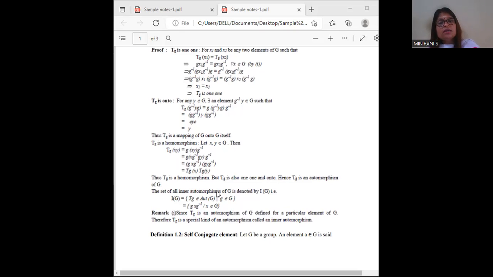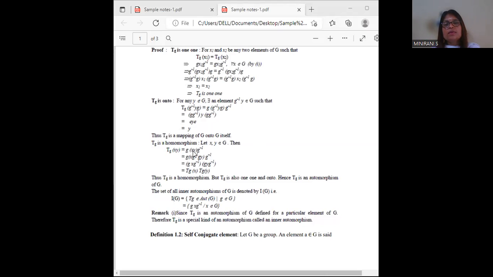Now what we are doing is we are multiplying an element g inverse g which belongs to G, that is the identity element.